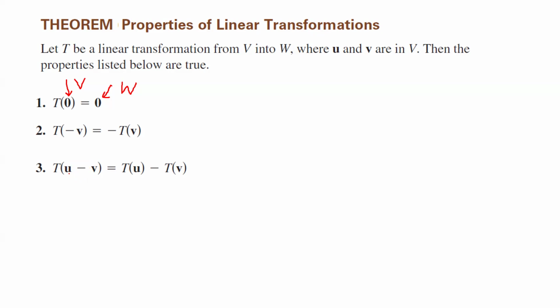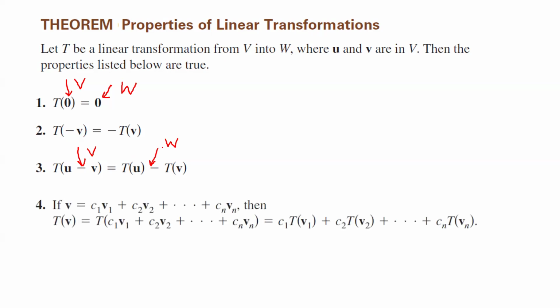The difference between two vectors under a linear transformation is the same as the difference of the linear transformations. But again, please note that this operation is in V, and this difference belongs to W. Again, if you have different vector spaces, these operations are going to be different from each other.